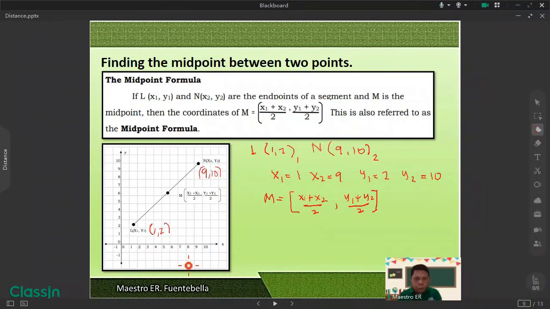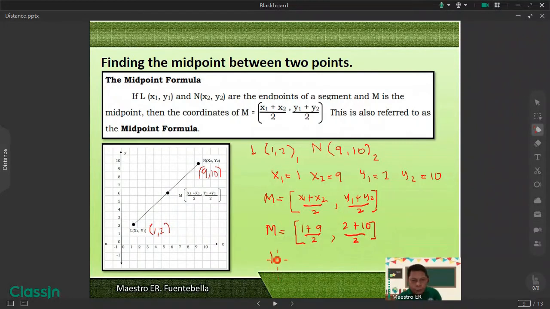So let's substitute. So the coordinates now of the midpoint are x sub 1 is 1 plus 9 over 2. And for the ordinate, we have y sub 1 is 2 plus 10, y sub 2, over 2.